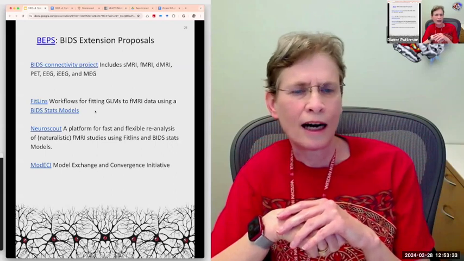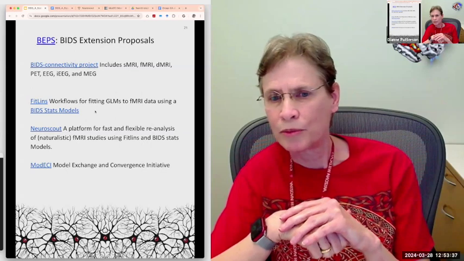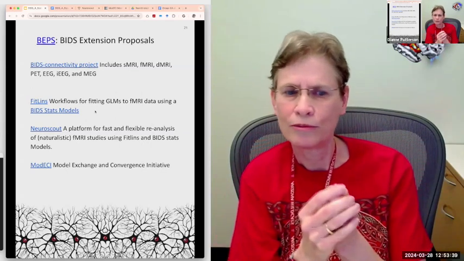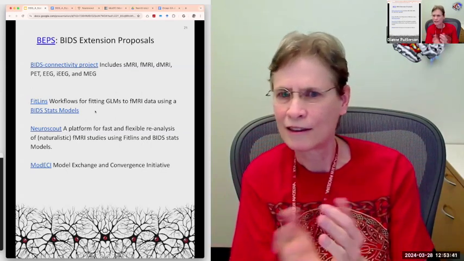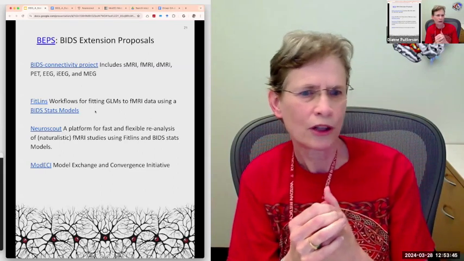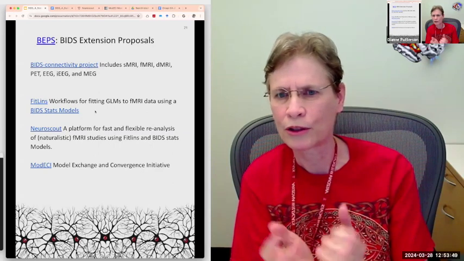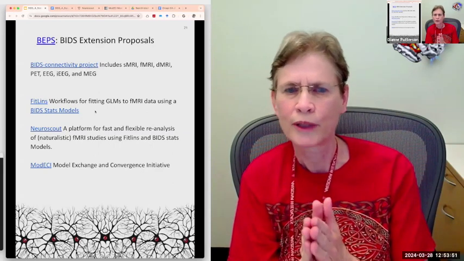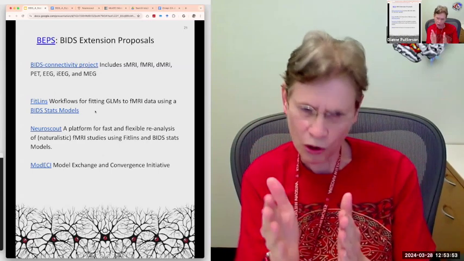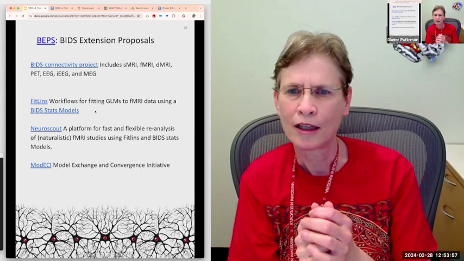And in some ways neuroimaging was ripe for this, because we needed some way of standardization, but there was also some luck involved. There were some people like Chris Gorgolewski who really spearheaded it and put a lot of effort into it.